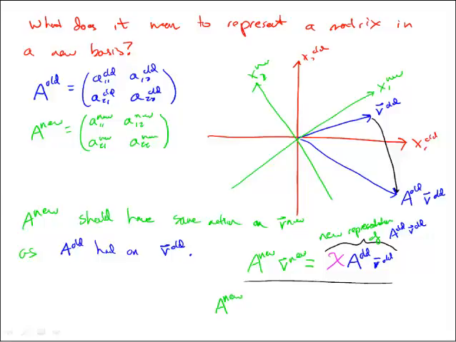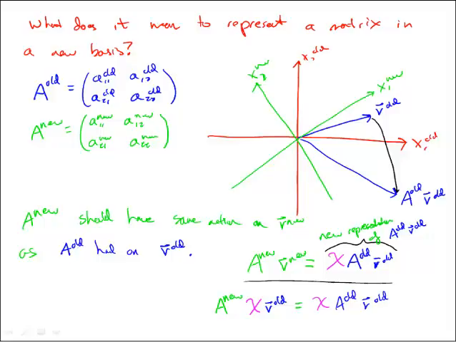Well, we know that V new is equal to x times V old, so we can write A new times x V old is equal to x times A old V old.